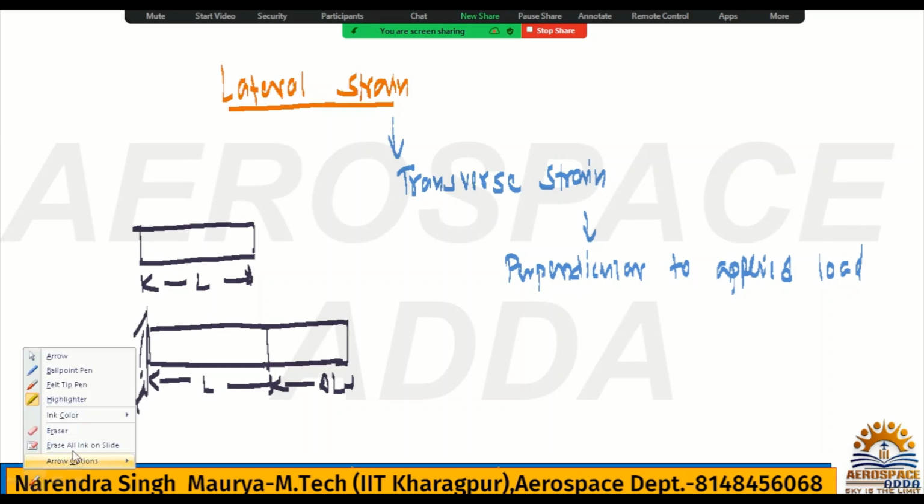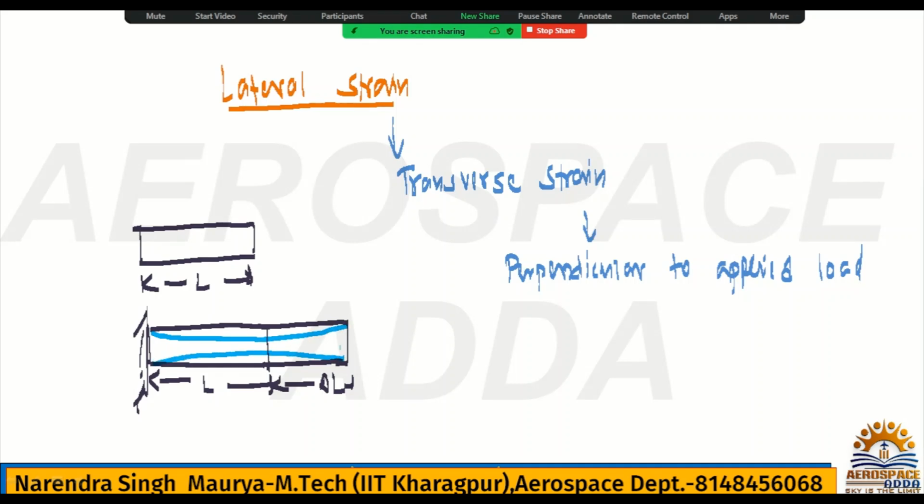Wait, you can show this bar this way. The bar's width will be decreasing like this. If it is a circular bar, then it will be like this.